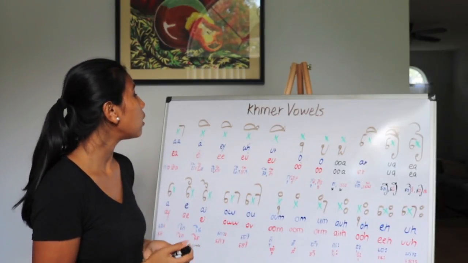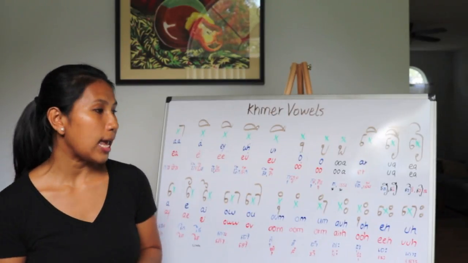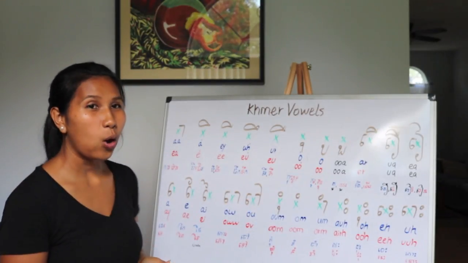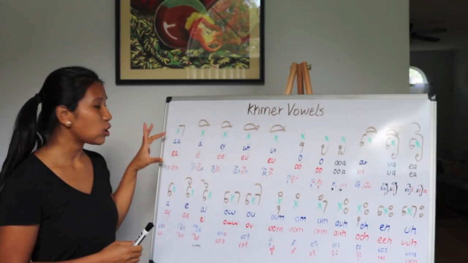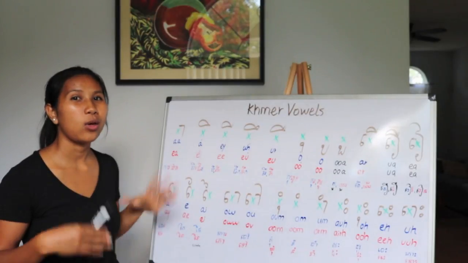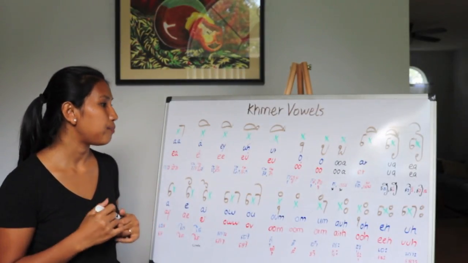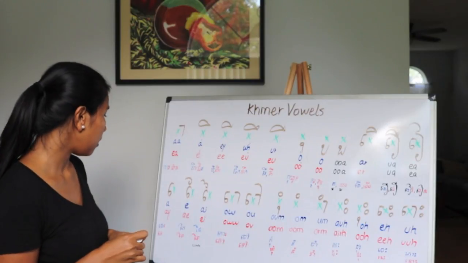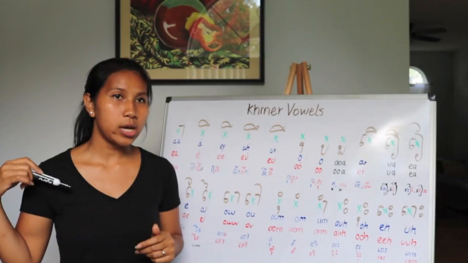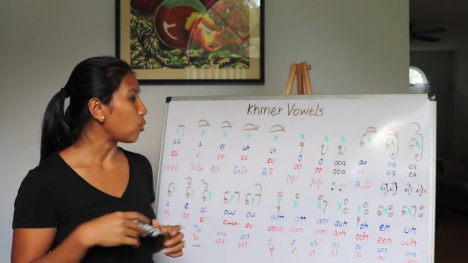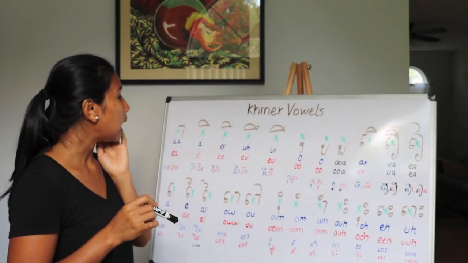Try to go through the vowels one by one again and again, and I think it should help now that you know which vowel, like which sound to use with which consonants. I think that's very important, especially in our future videos when we get into writing and stuff. That's going to help a lot.